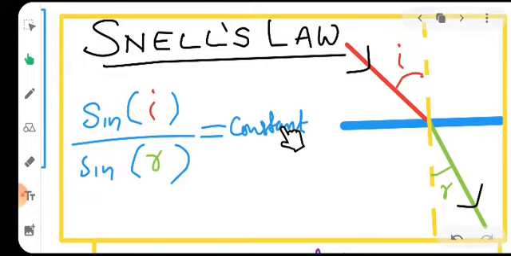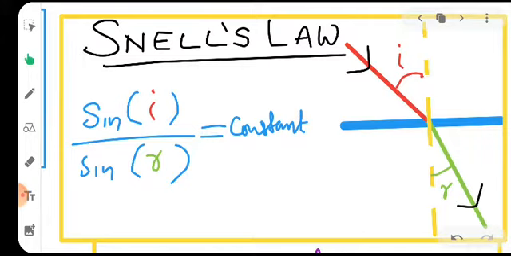But that constant will change if the media change. So suppose you have glass over here and kerosene underneath, then this constant will change, but for that particular set this constant will remain the same. For any value of I there will be a given value of R, provided for that particular medium this constant remains the same. So this is what Snell's law was.